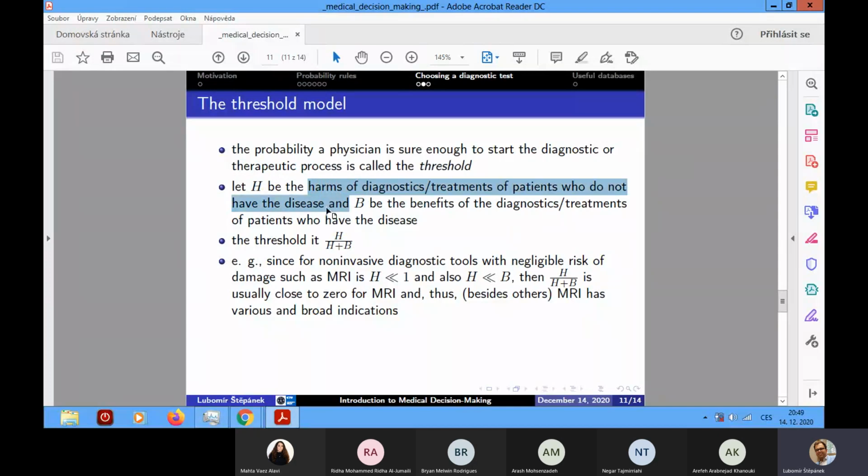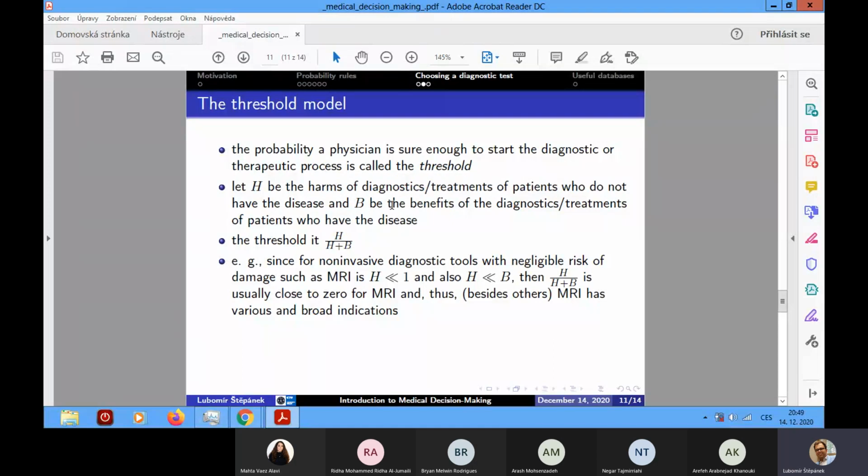These are just the harms, and we can try to measure them in money, such that the patients could make this money instead of having unnecessary diagnostics or treatments. So this could be the definition of harms, but in other kinds of situations it could be defined a bit differently.